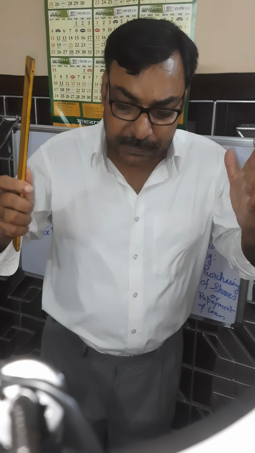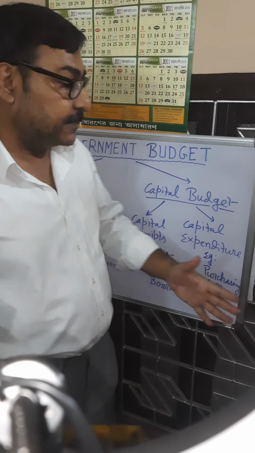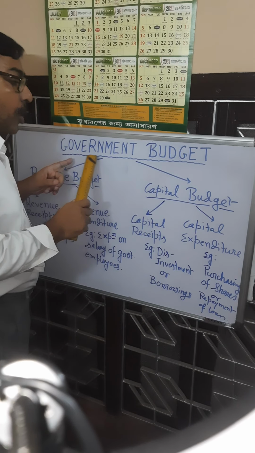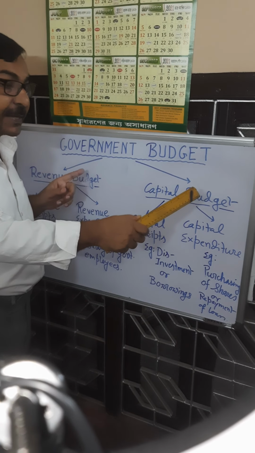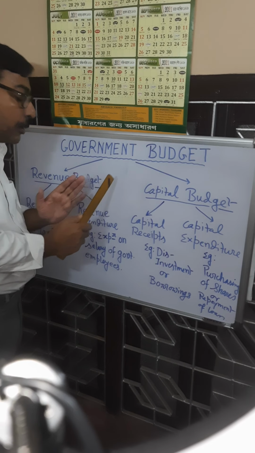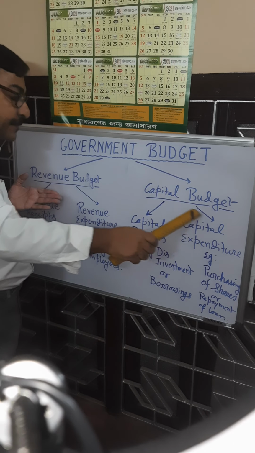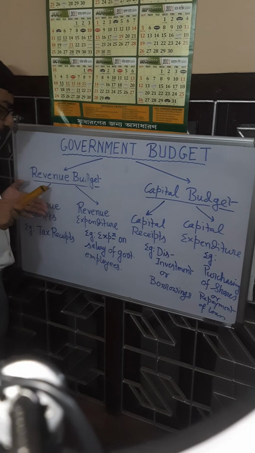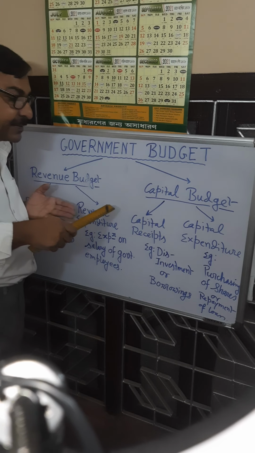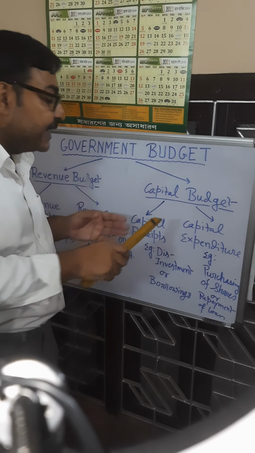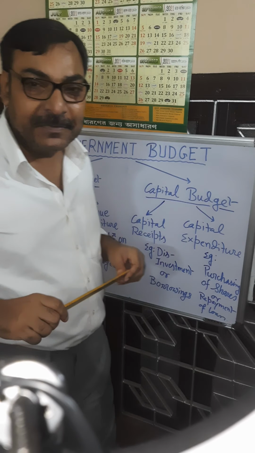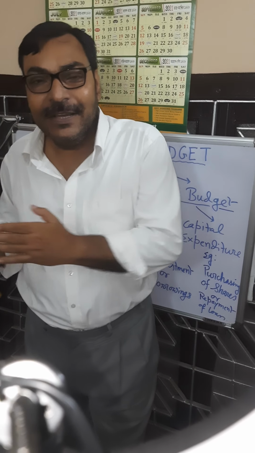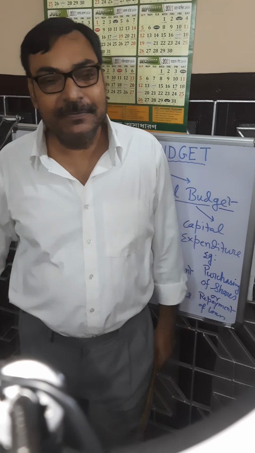Now when the government prepares a budget, it is always composed of two parts. One is called revenue budget and the other is called capital budget. So every budget is composed of two parts: its revenue account and its capital account.